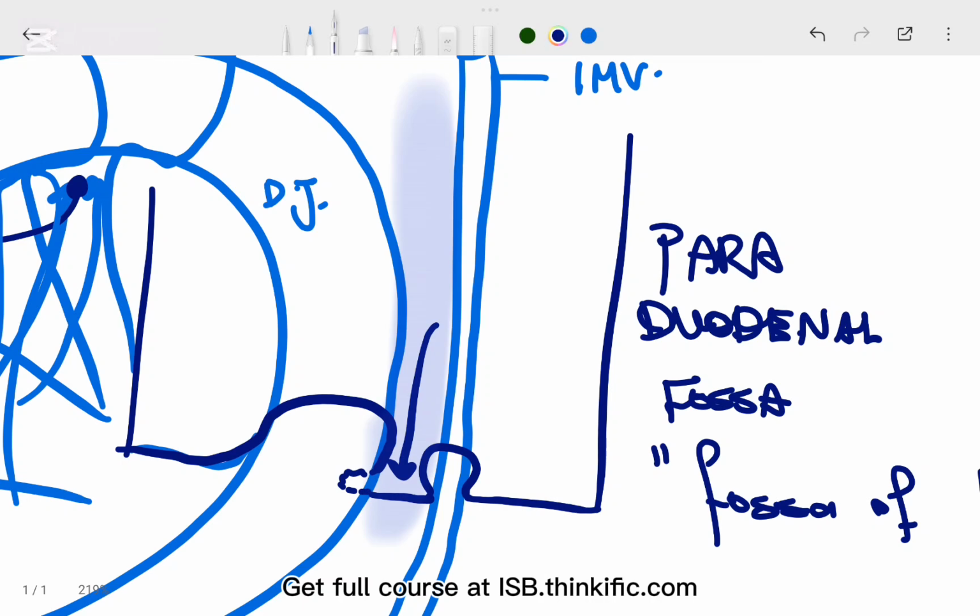This is the most important of these duodenal fossae because it's the most common location. The most common location is the fossa of Landzert, the paraduodenal fossa. Another example I can give you is congenital diaphragmatic hernia.